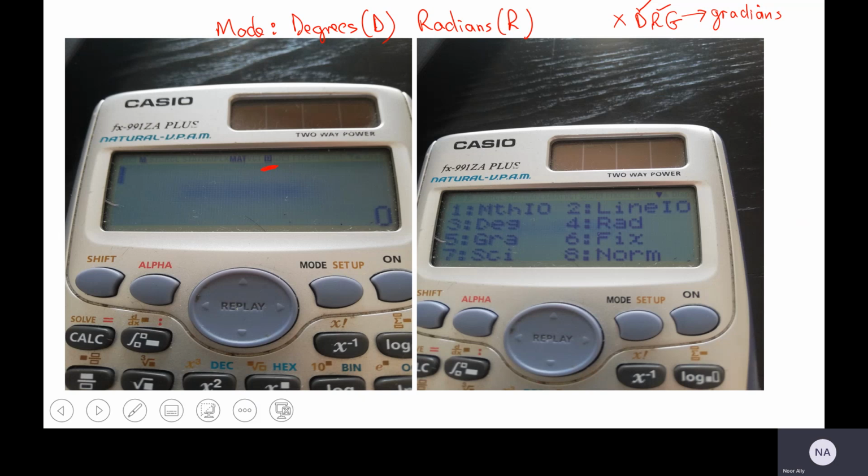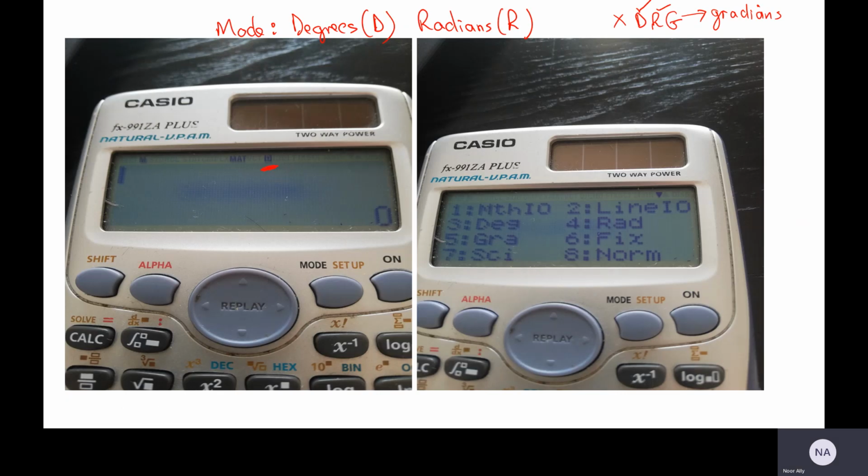Let's just go back. If I get the sine of, let's say, 3.92, then I know that is in radian measure, because I do not have the symbol for degrees in it. So I cannot use the calculator when I see D. So how do I go about changing it?